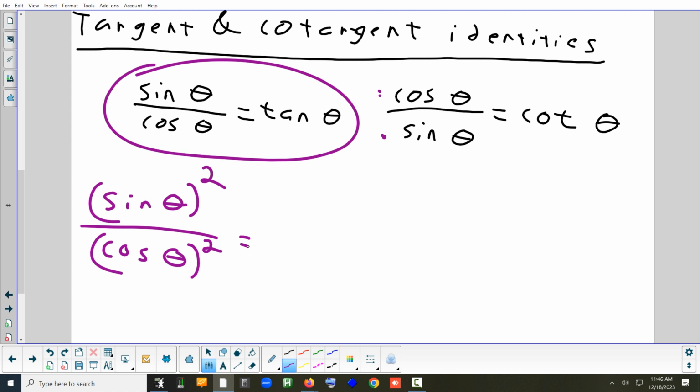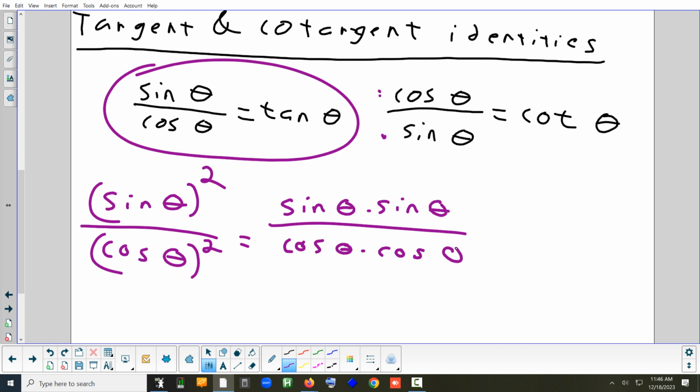Just sine times sine. What does cosine squared mean? Cosine times cosine. Now, think of that as 2 fractions. What's sine divided by cosine? That's tangent. And what's sine divided by cosine again? And what do you think tangent times tangent is?